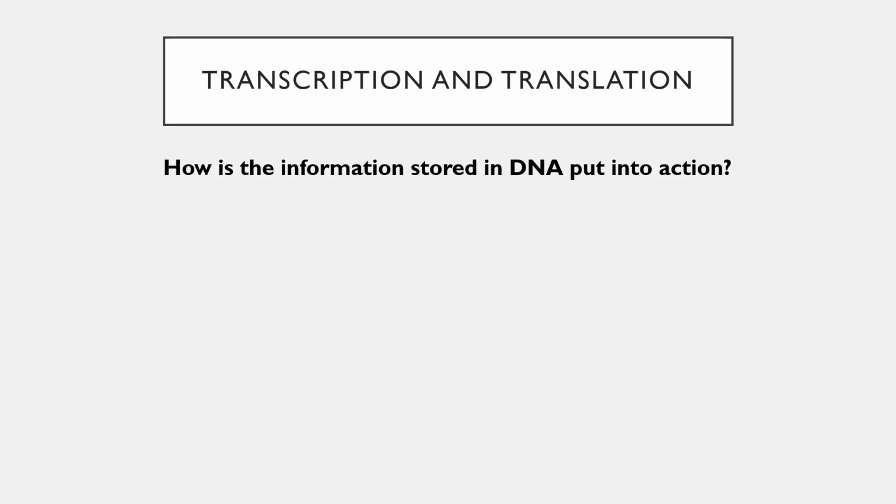As we talk about transcription and translation, we're going to be answering the question of how the information that is stored in DNA, the information that is found in that blueprint, is put into action.